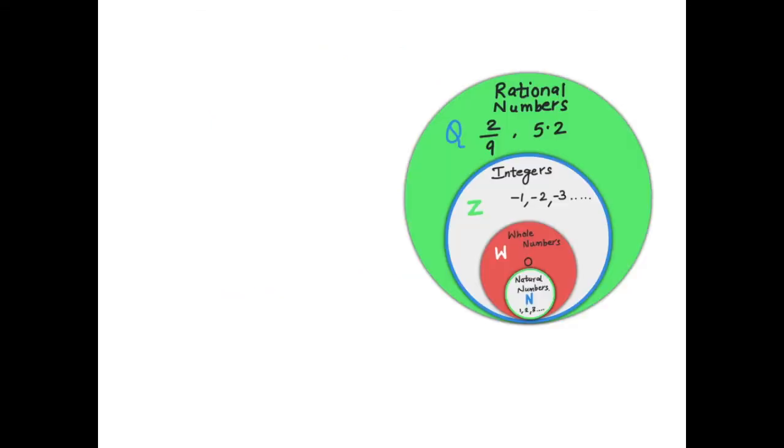Now let's talk about the sets. So rational numbers include integers, whole numbers, and natural numbers.